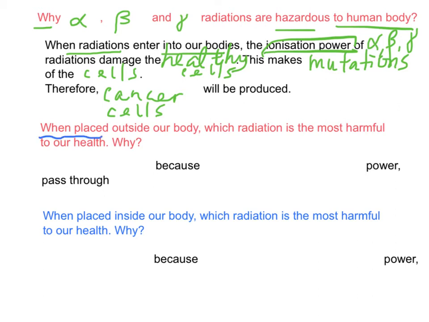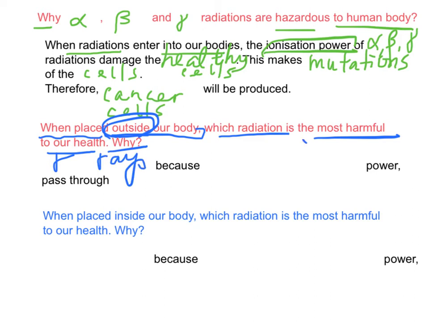When placed outside our body, which radiation is the most harmful to our health? Why? When the radioactive source is outside our body, gamma rays will be the most harmful to our health because gamma rays have the highest penetrating power.